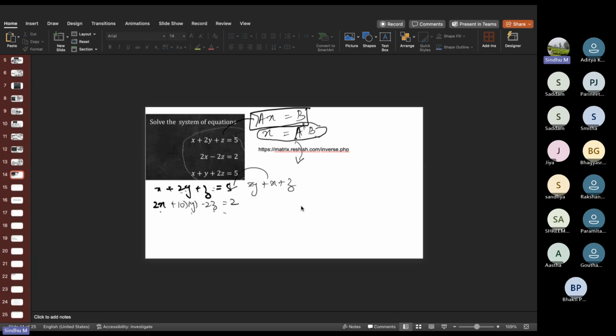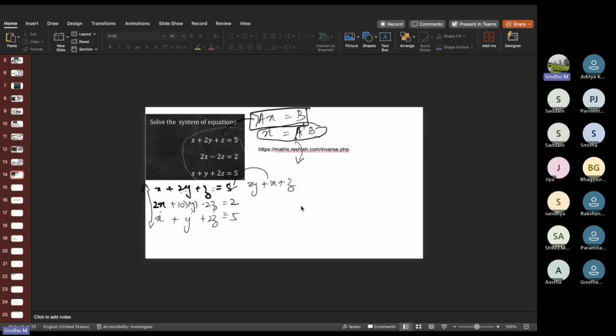And the third equation we can write just like that. So when we convert it, this is 1 into x, 2 into x, and again 1 into x. So this will be 1, 2, 1. This will be 2, 0, and 1 into y. This will be 1 into z, minus 2 and 2z.